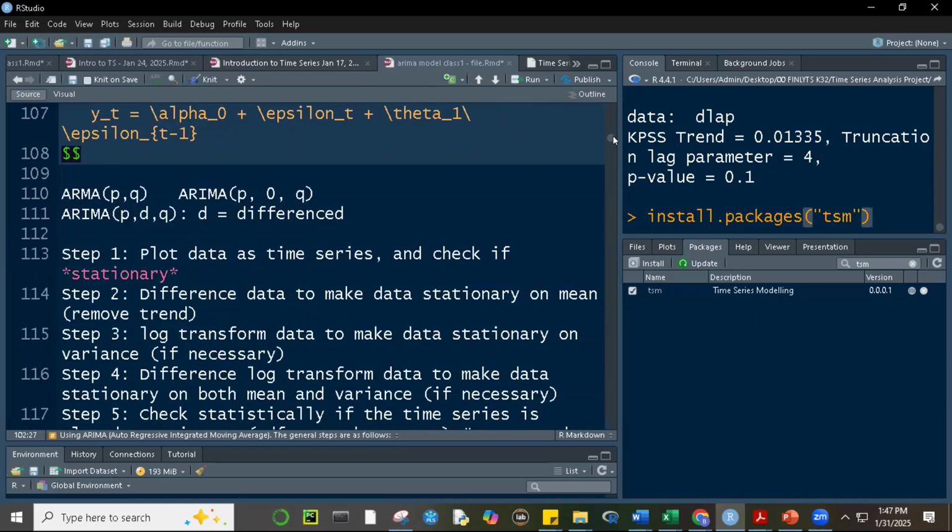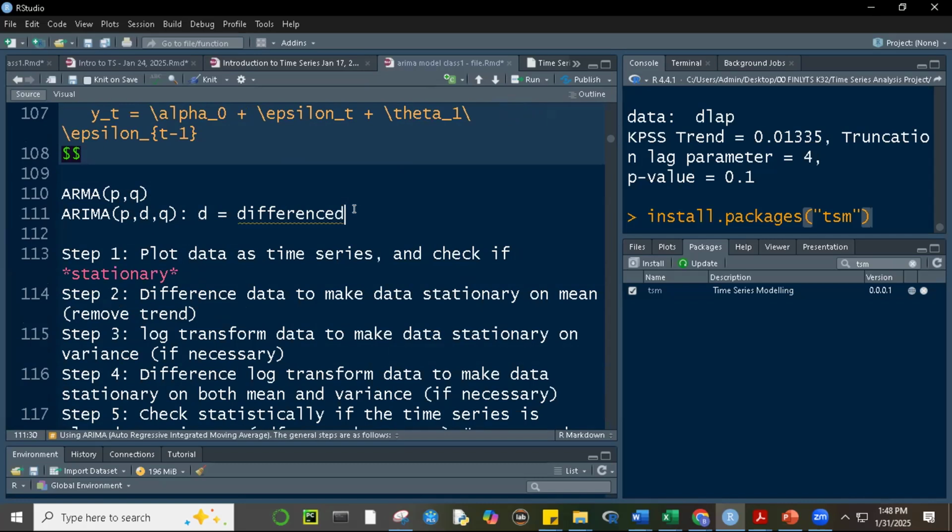Okay, so in general, class, ARMA(p,q) or ARIMA(p,d,q). The insertion of d, class, means that the data that you're looking at is differenced.